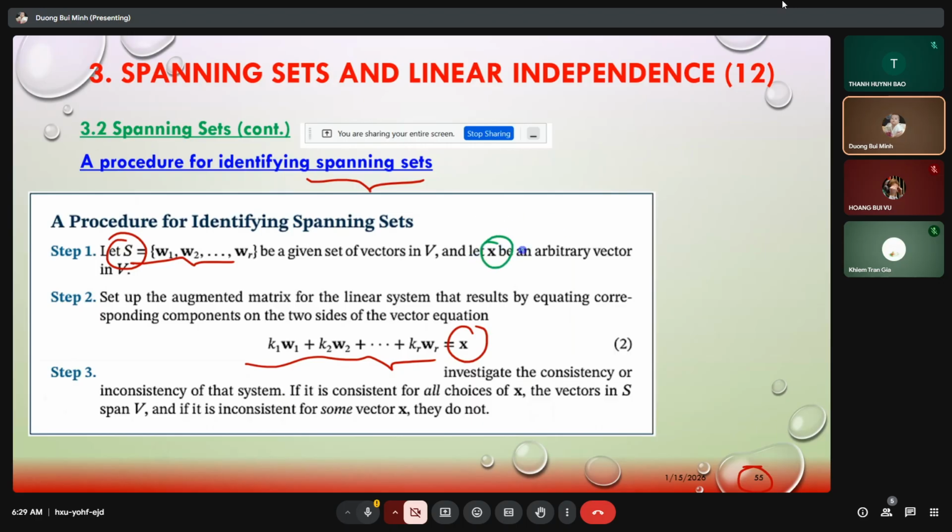Any X belonging to vector space V, or we say X is an arbitrary vector in V, is to be expressed by the linear combination of all vectors in the set S. For S to be a spanning set, we need to demonstrate there exist values K1, K2, up to Kr, or we can calculate the determinant. If the determinant is different from zero, that means we can get the linear combination. If the determinant is zero, that means no solution.